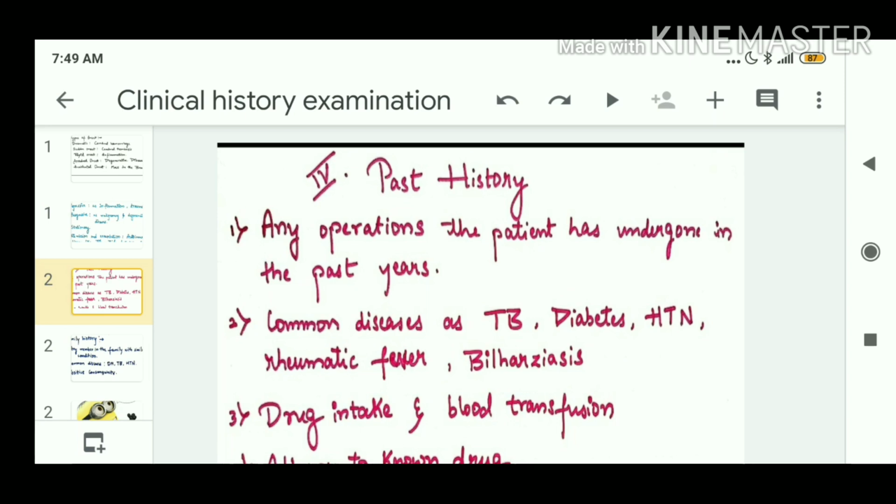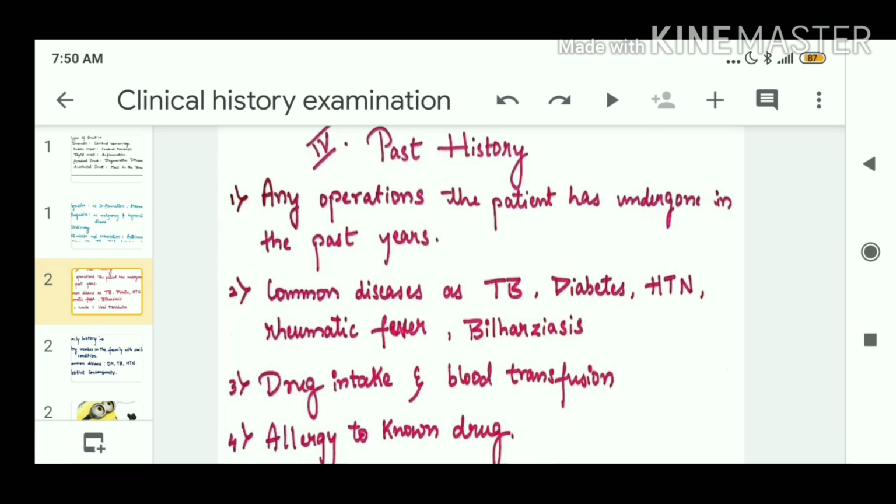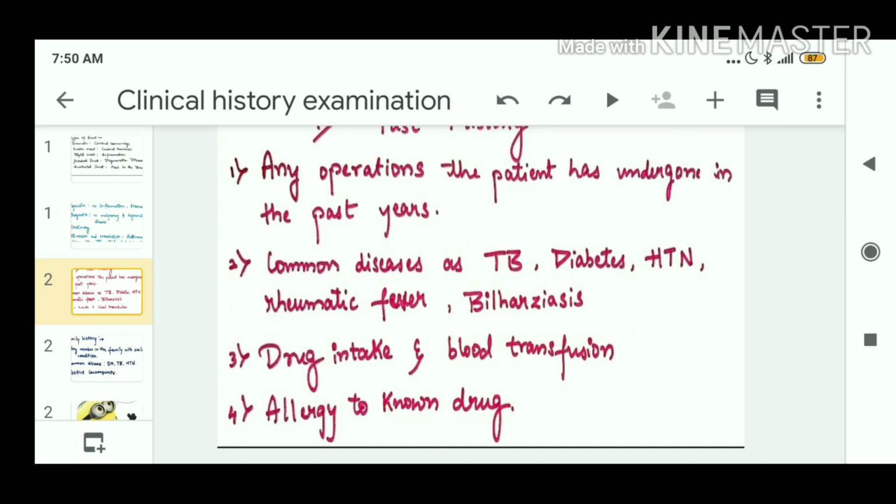Next, you should know the past history of the patient. It's very important. Past history includes any operations the patient has undergone in the past years. Next, common diseases such as TB, diabetes, hypertension, rheumatic fever, bilharziasis. What is that?